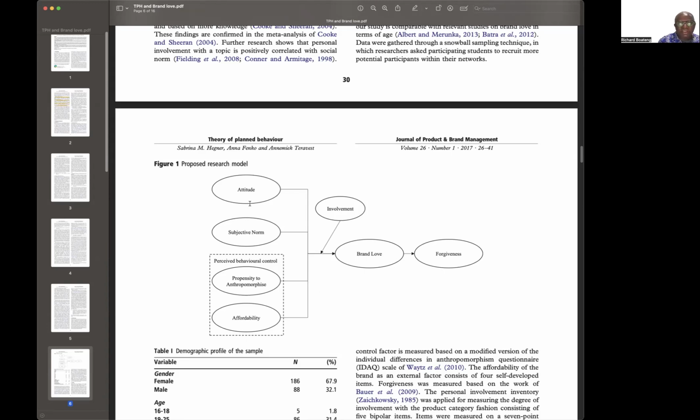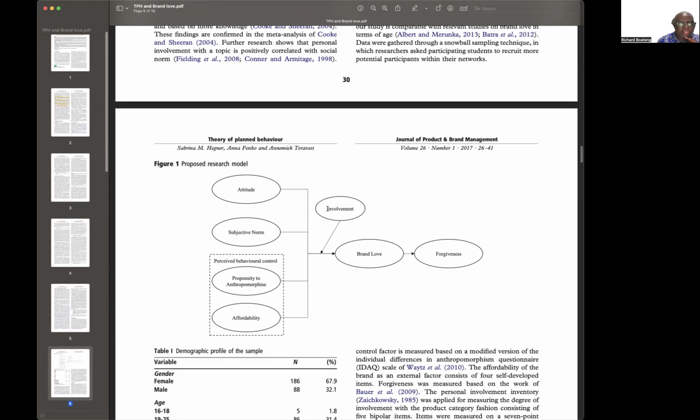Then he put in a moderator, which tends to influence whether what you are expecting is higher or lower. So the level of involvement can influence whether what you're experiencing is high or low in terms of brand love. That's why you put the arrow here.